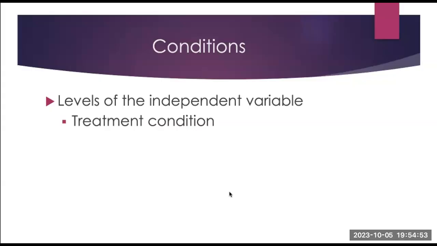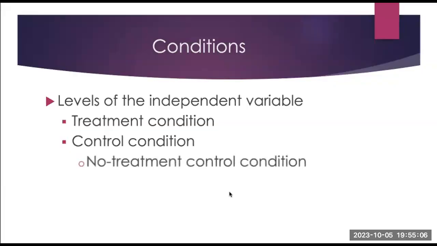So the amount of manipulation that you're exerting on your independent variable does make a difference in terms of the strength of your experiment. So the most basic conditions are just treatment and control. With a no treatment control condition, what we're talking about is that somebody just wouldn't have caffeine. The problem is that we actually don't want the participants to realize which control condition they're in.